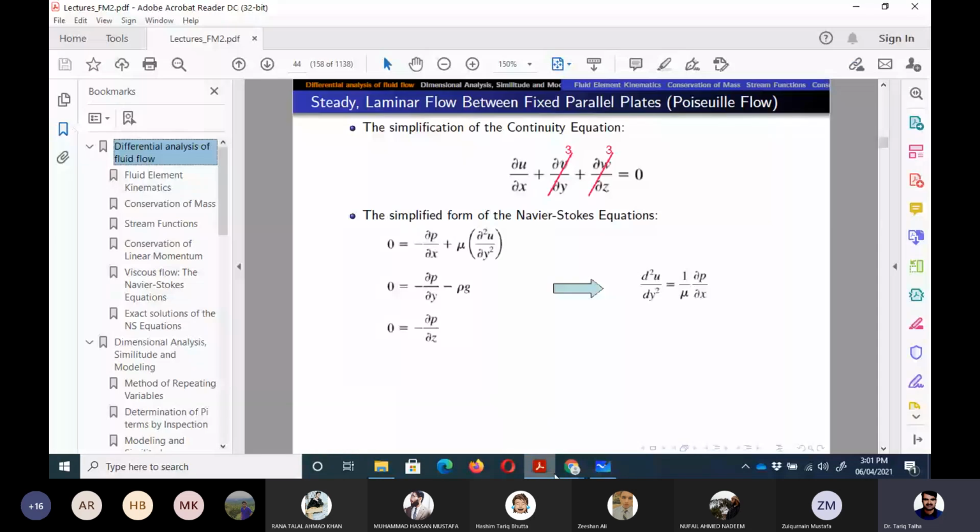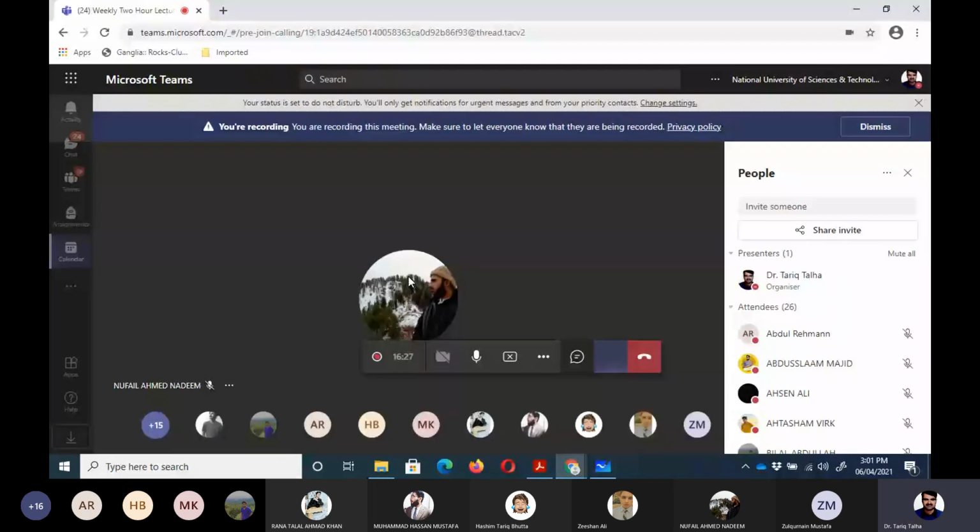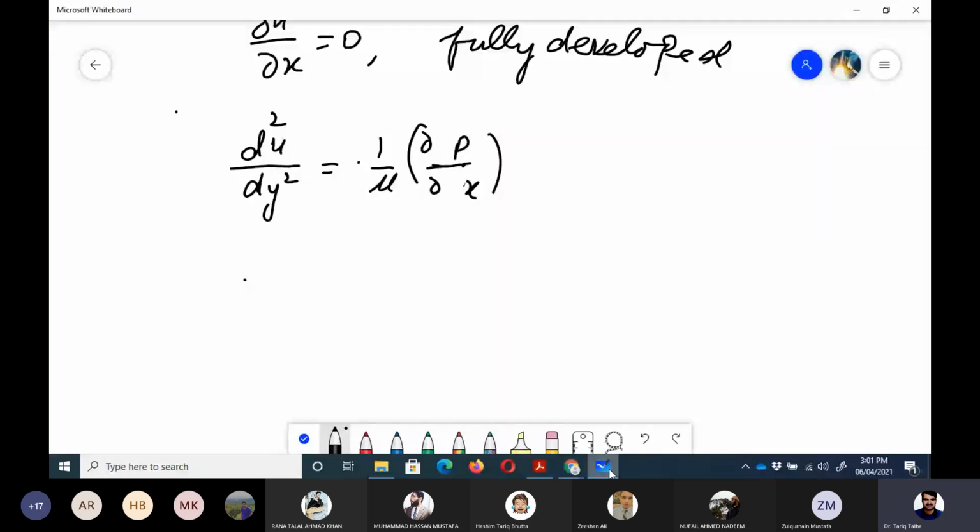Now, if we want to get the value of u from here, what we need to do? Yes. Any question? What we need to do if we want to find the value of u from this equation? I think you know that once we have got a differential, we need to integrate it.